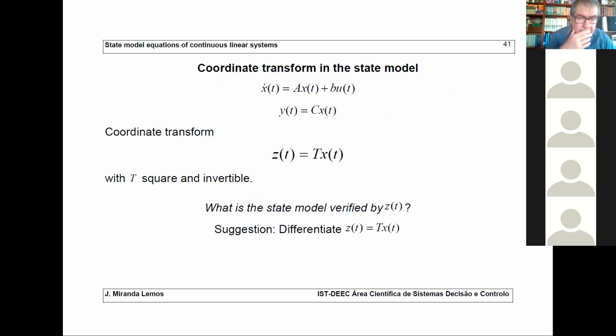Changing the coordinate systems is quite important. If you change your point of view, you may transform a problem which is very complicated into a very simple problem. Let me show you one example.